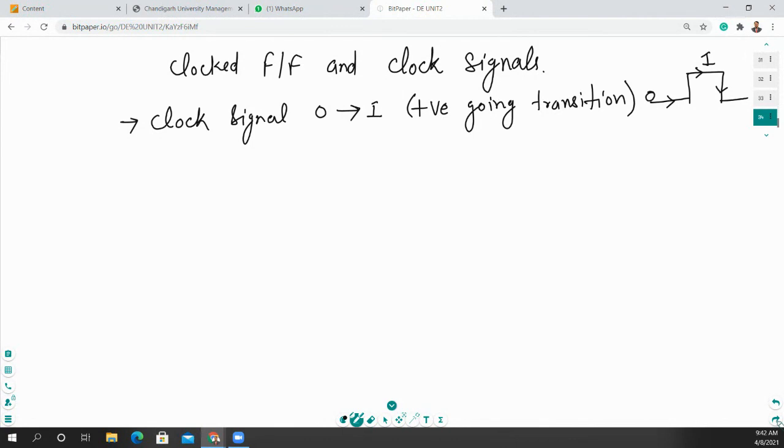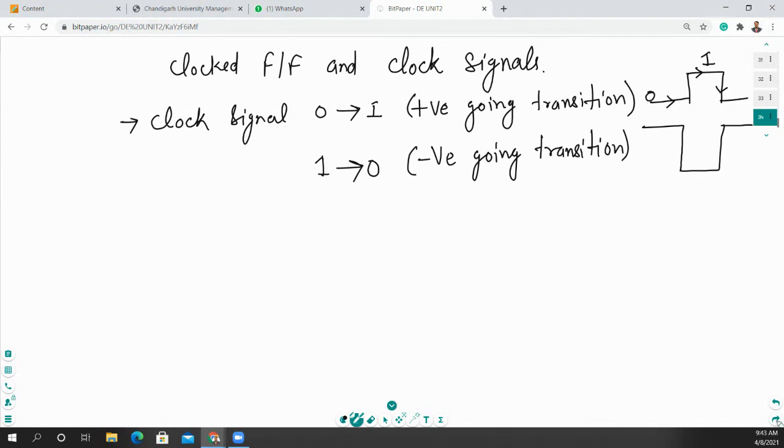Okay, if your signal is changing from 1 to 0, what we call it is a negative going transition. So how can you represent this signal? You can represent this signal like this. This is your 1 and this is 0. So this signal is going from 1 to 0. Okay, it is called a negative transition signal.